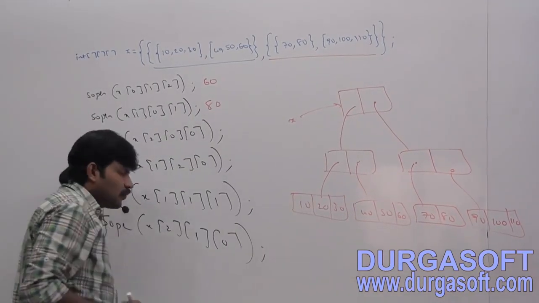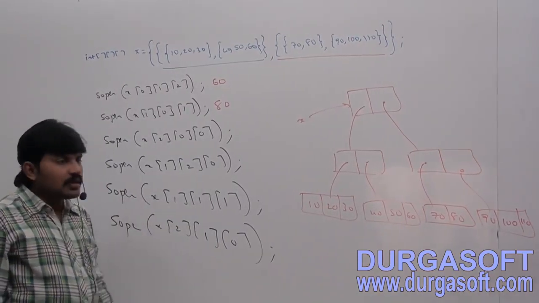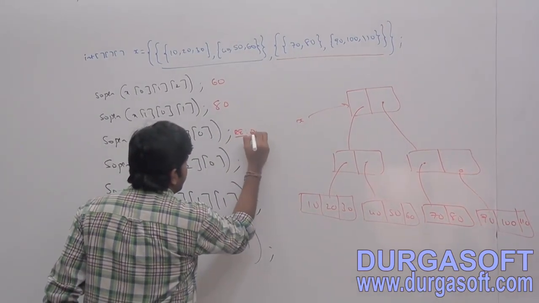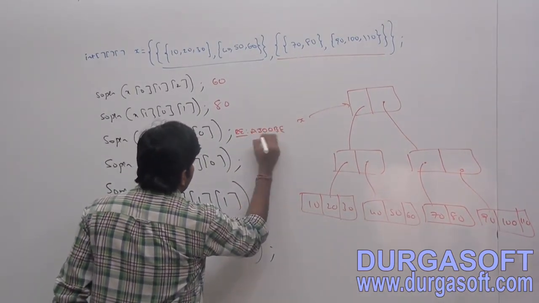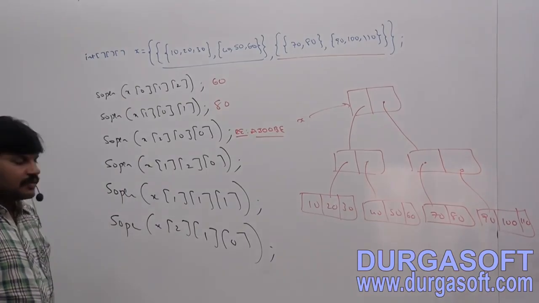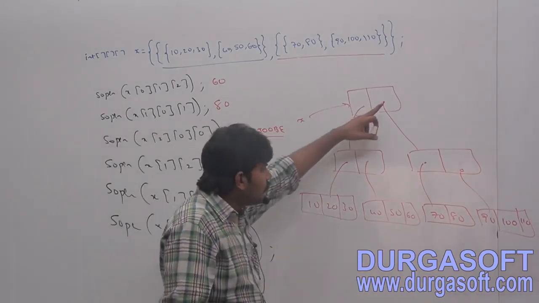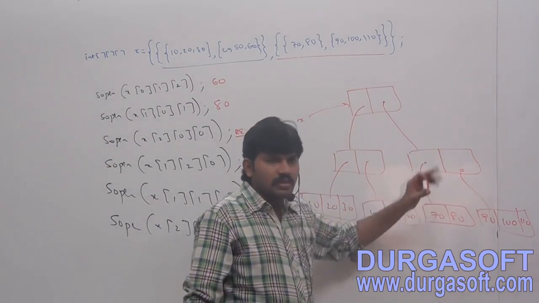X of 2, 0, 0: X of 2 is not there. Immediately we are going to get a runtime exception saying ArrayIndexOutOfBoundsException. Next, x of 1, 2, 0: x of 1, 2 is not there.